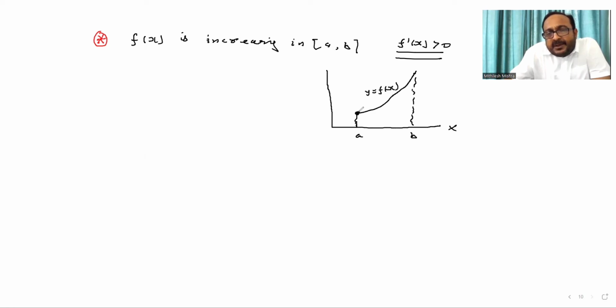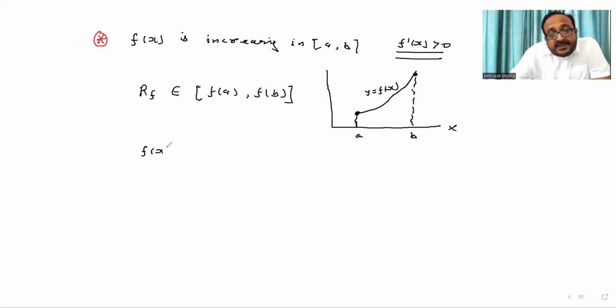What will be the value at this point? f(a), here f(b). So the range will be f(a) to f(b). Although you will see the questions related to this one in application of derivative, right?